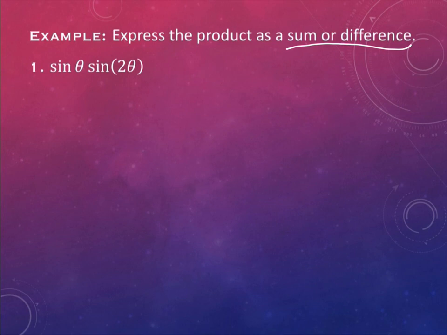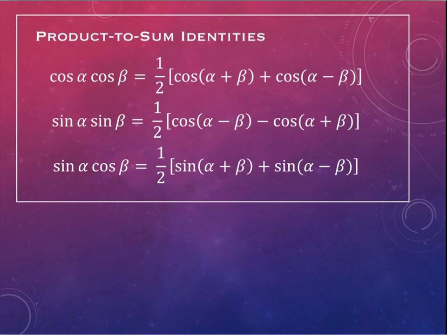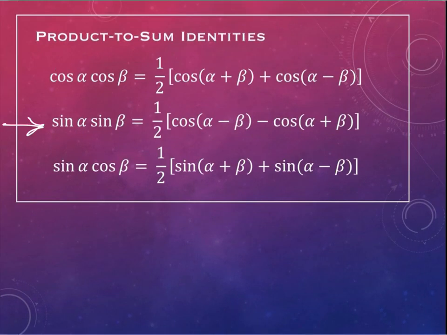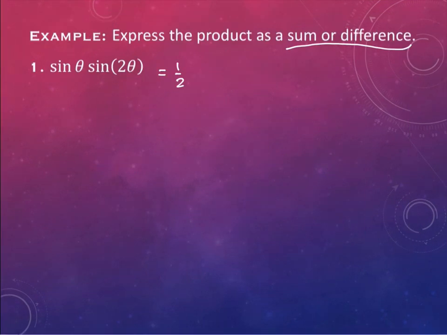Okay, so there are 2 sines that are being multiplied, which means I'm right here. Make sense? This says I'm going to have a 1/2 in the front. So I'm going to go put my 1/2 in the front here. Then I'm going to write cosine. I'm going to put a bracket. I'm going to write a cosine.